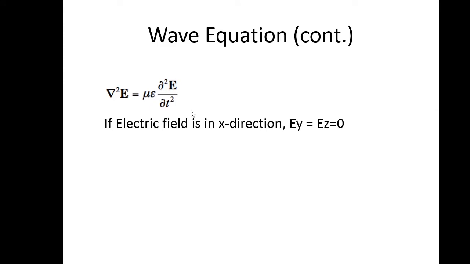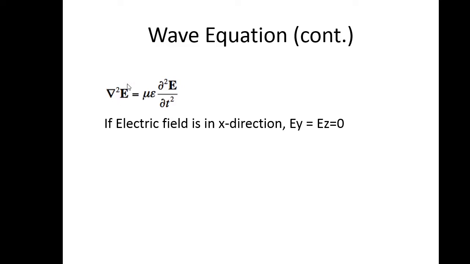This is the main equation, you have to remember this: del square E is equal to mu epsilon into dou square E by dou t square. If the electric field is in the x direction, if we assume it to be in the x direction, then it will not have any y or z components. The right side is the derivative with respect to t, and del square means derivatives with respect to x, y and z.